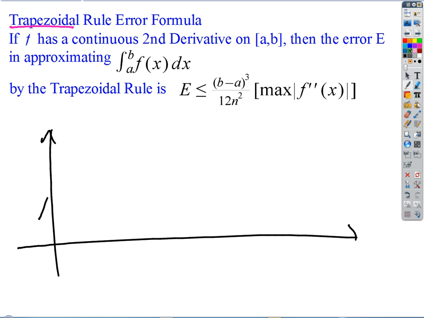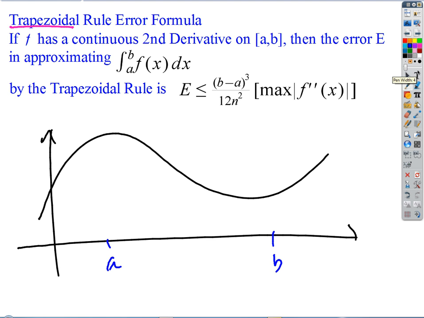If we have some function and we want to add up the area under this curve from A up to B, I'm just going to break this thing up into a series of vertical cuts. I'm going to slice this thing into pieces like we did in the past.